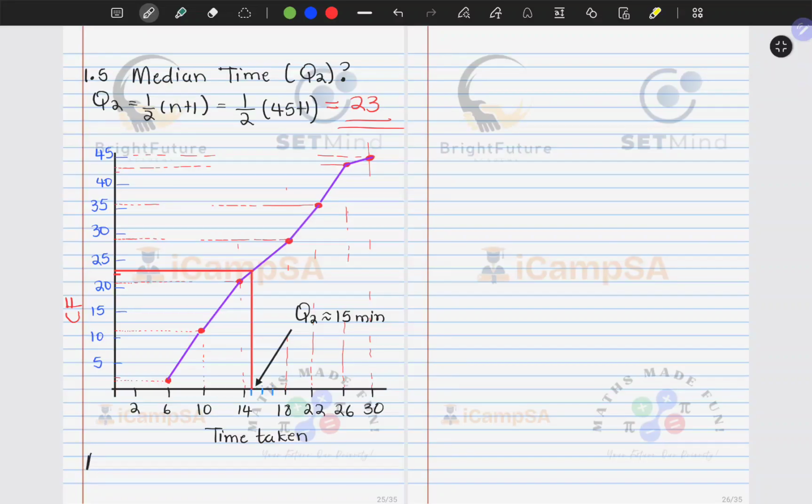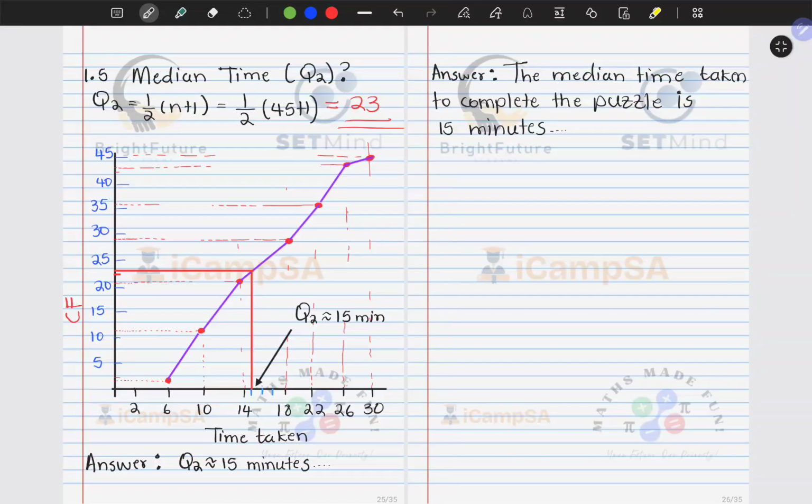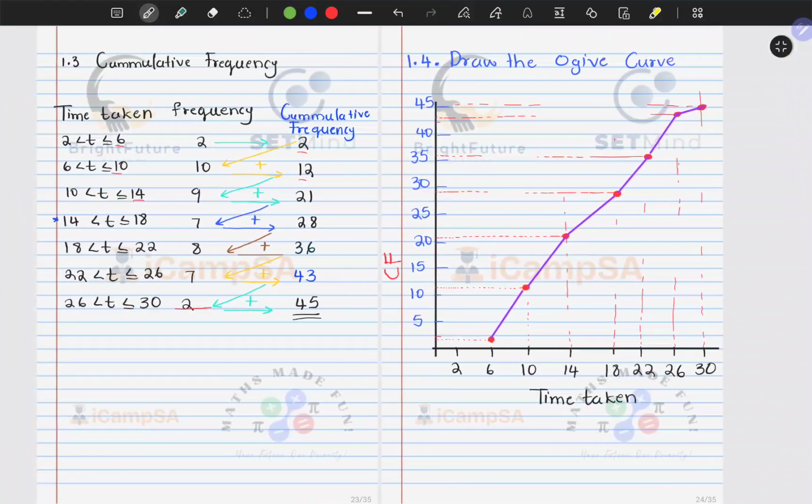So we can therefore give our answer to this question and say that Q2 is approximately 15 minutes. So meaning the median time taken to complete the puzzle is 15 minutes. So this here becomes our answer to this question.